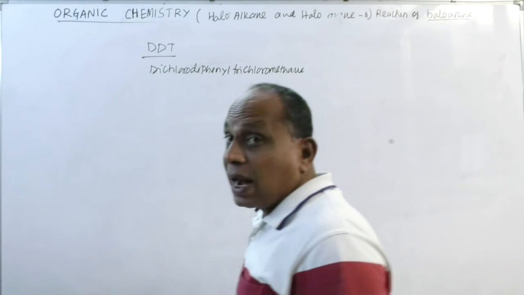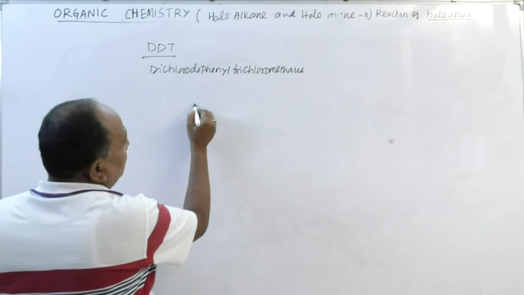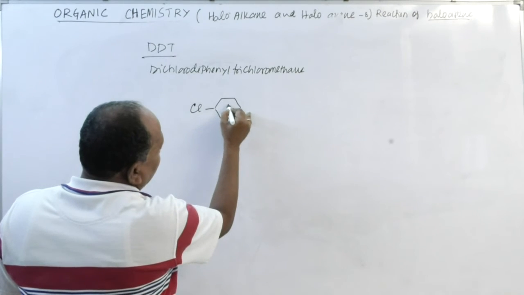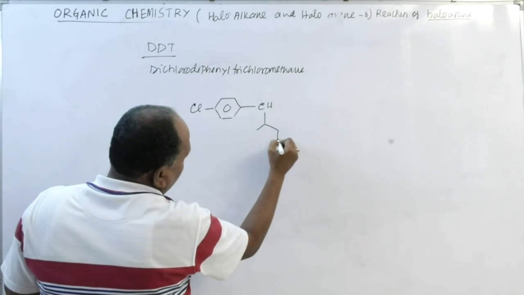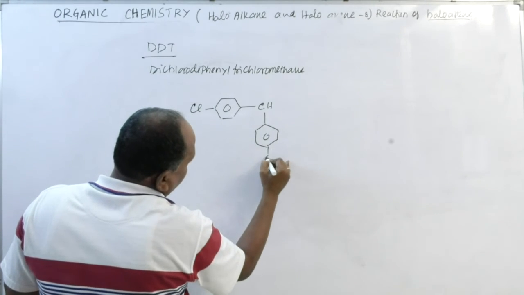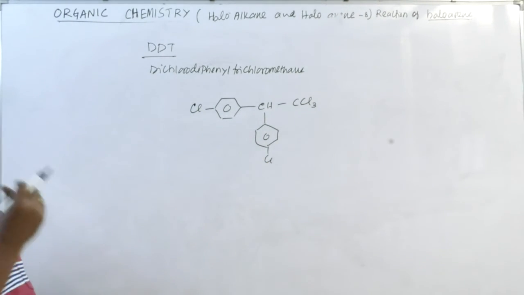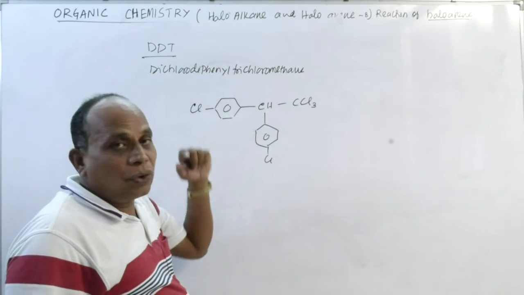In fact, in the first class I drew the structure. The structure is Cl, a phenyl group, meaning a benzene ring, bonded to a carbon atom, and this is your CCl3. This is called dichlorodiphenyltrichloroethane.